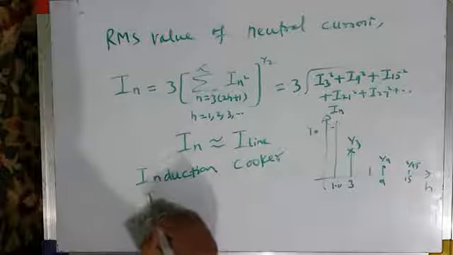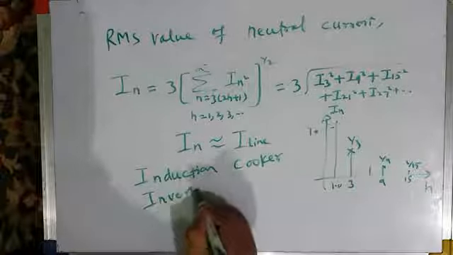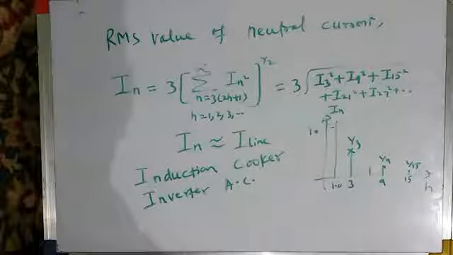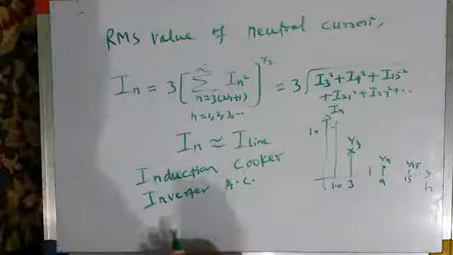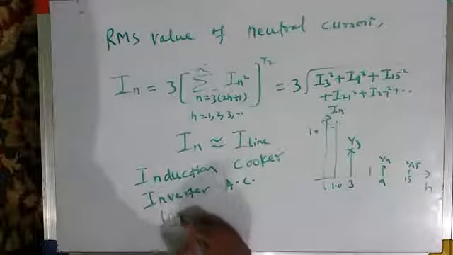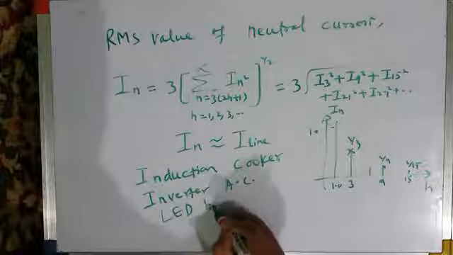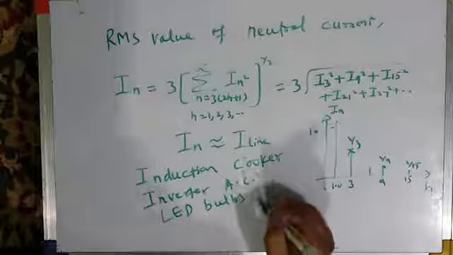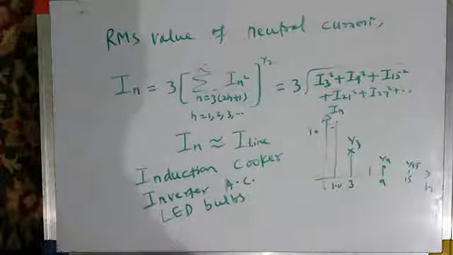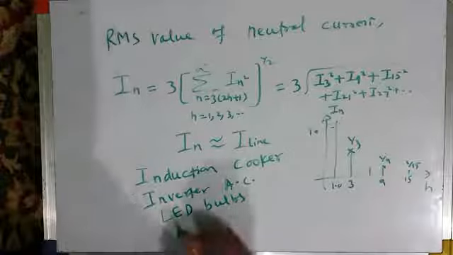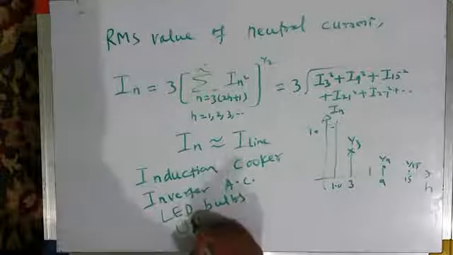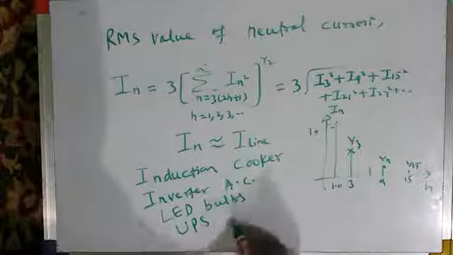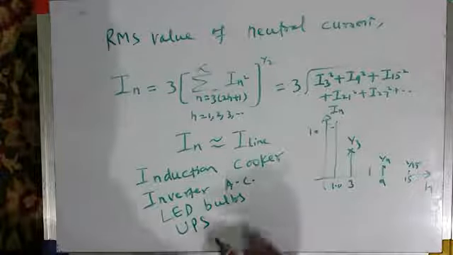Then your inverter air conditioning system also draws rich triplen harmonics. I'm talking about your home. Your LED bulbs also draw these triplen harmonics, although very, very little. Your UPS, uninterruptible power supply, also draws triplen harmonics.